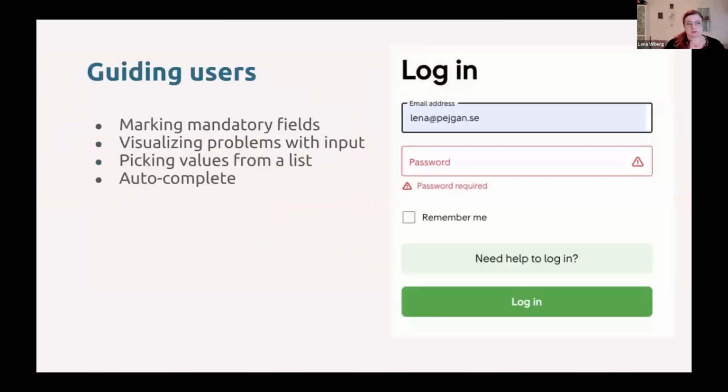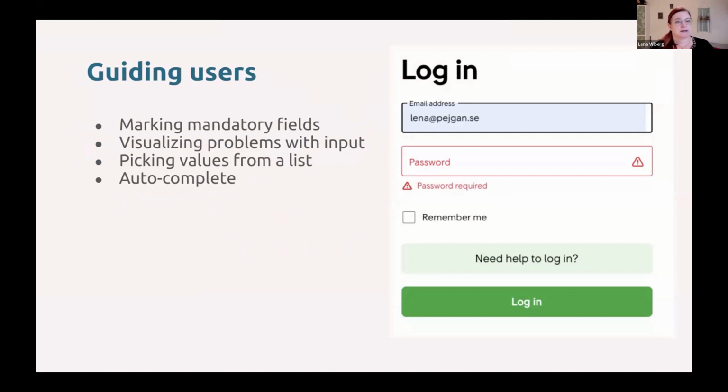So when it comes to guiding users, we want to help them get from A to B with as little problem as possible. And in order to do that, we typically do things like implement live or as close to live as possible validation.